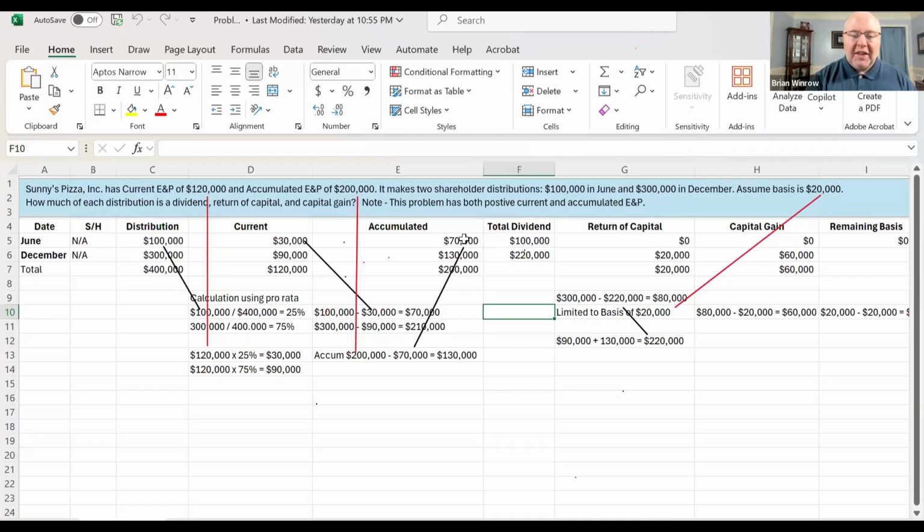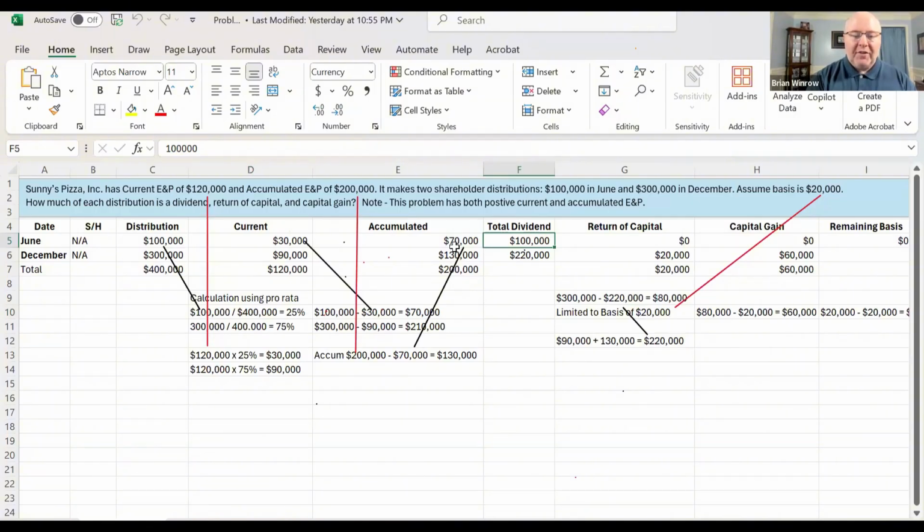So all 70,000 is going to be accumulated for the June portion. So we've now dealt with June. We had a $100,000 distribution, 30,000 is current, 70,000 accumulated. Our total dividend is $100,000. So everything in June is a dividend.